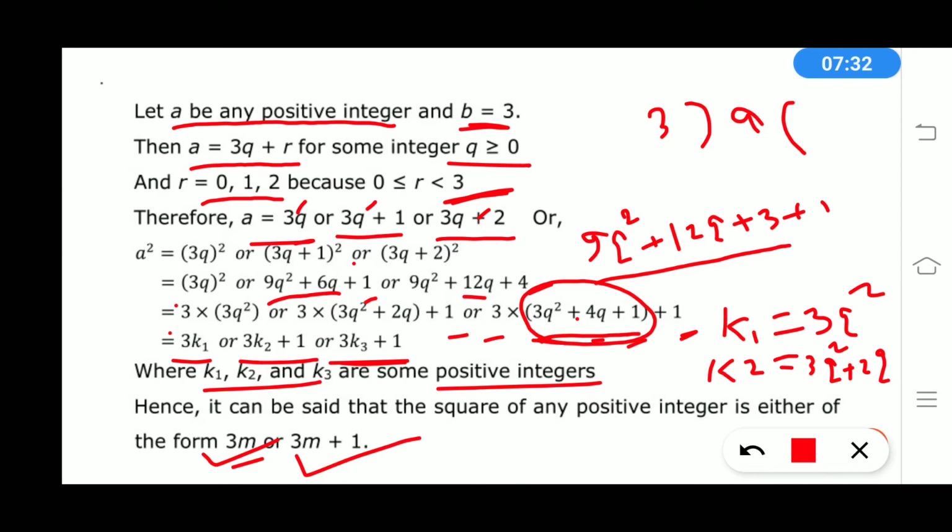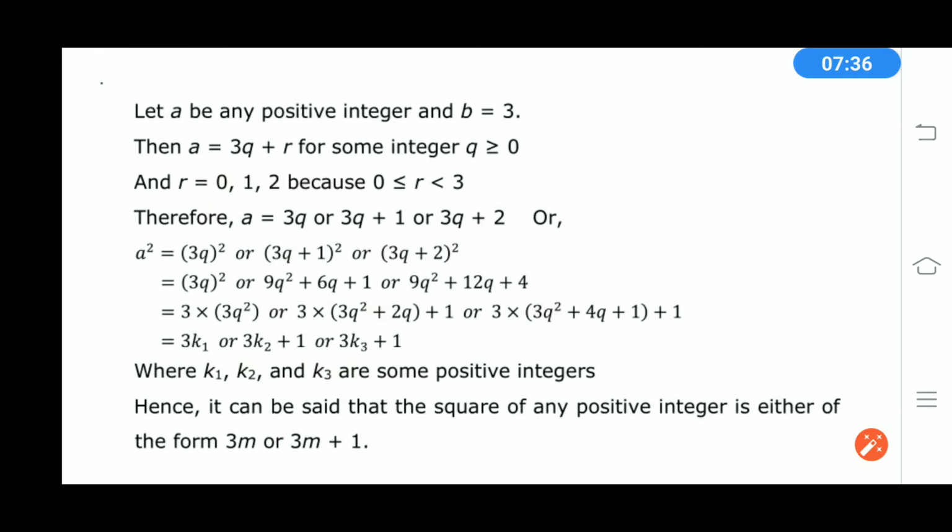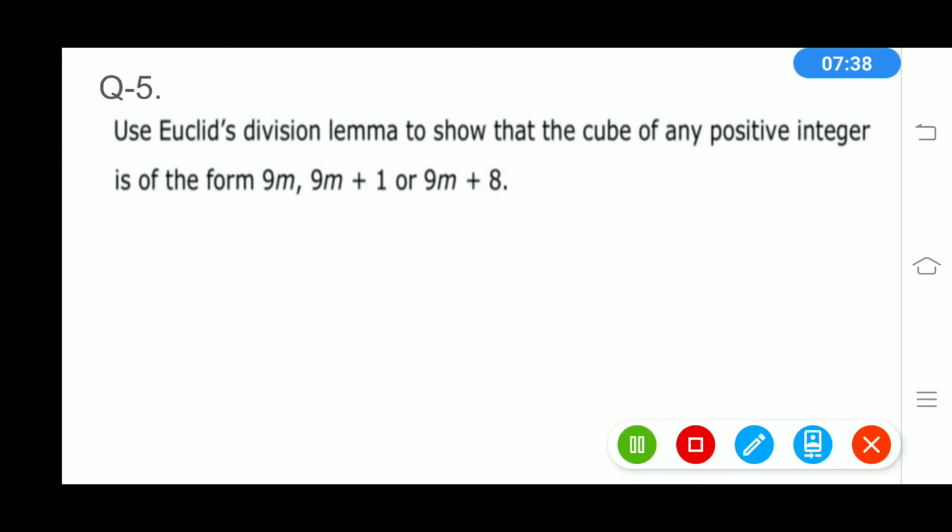Okay, now the next problem. Question number 5: Use Euclid division lemma to show that the cube of any positive integer is of the form 9m, 9m plus 1 or 9m plus 8.